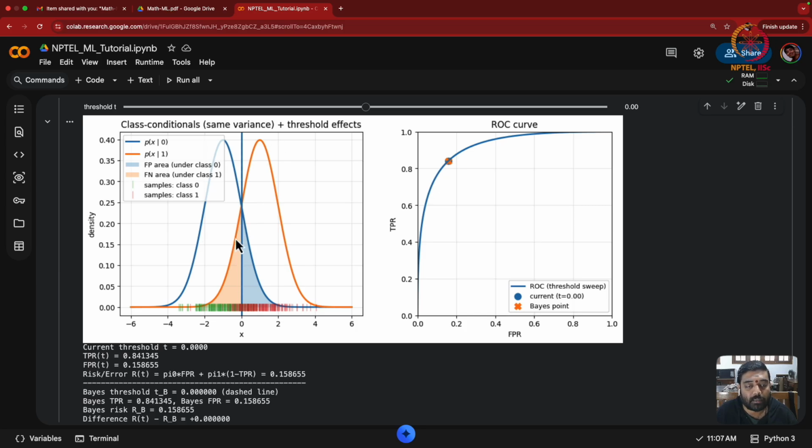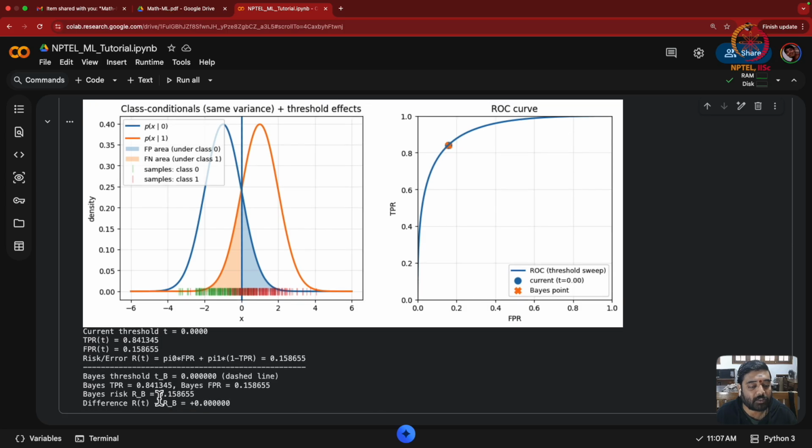You can see that this is class 1 being classified as class 0, and this is class 0 classified as class 1. False positive and false negative, you can easily see. Now I have calculated the Bayes risk, that is 0.158655, and this is my ROC curve.